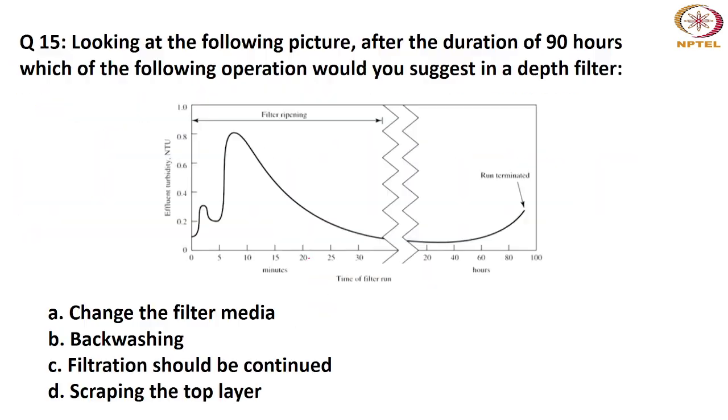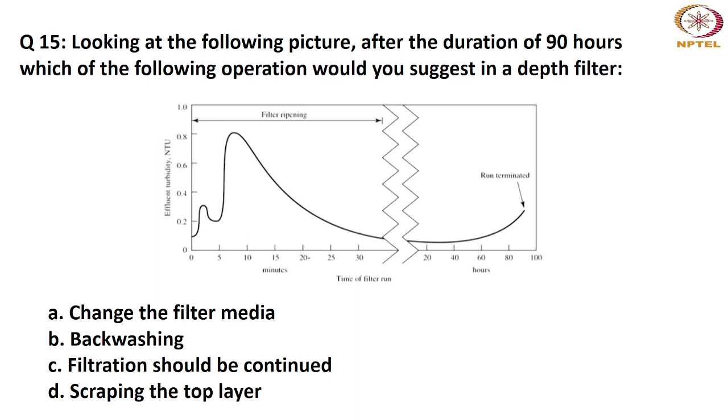The next one, you need to check this figure, this graph. The x-axis is time of filter run, and the y-axis is effluent turbidity in NTU. You can see how, with time of filter running, the effluent turbidity is changing.